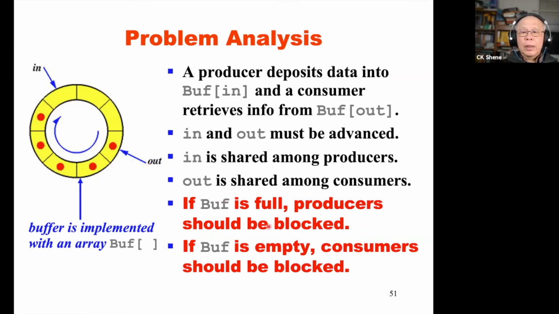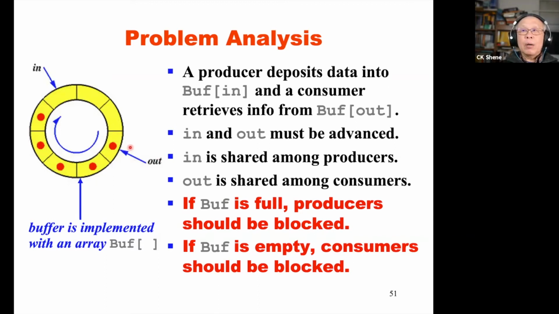I could quickly name two, and I am sure you could do the same. So if the buffer is full, no producer could add information into the buffer, right? If the buffer is full, then every element is filled, and the in and out would be at the same location.